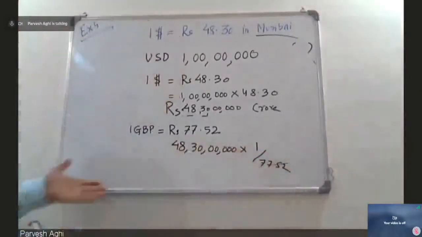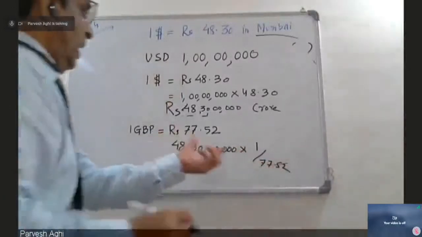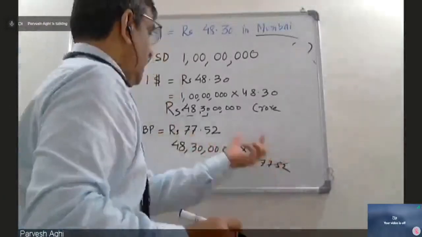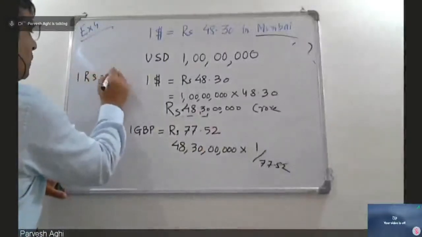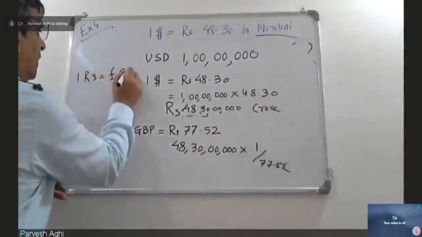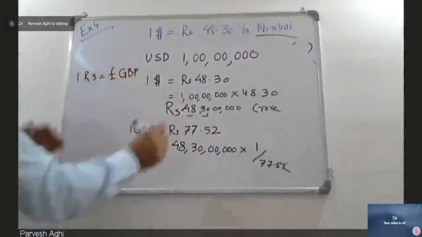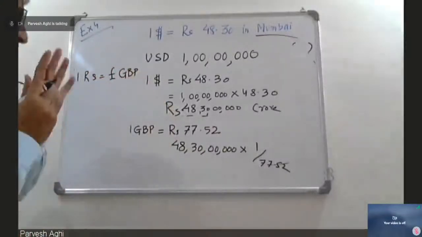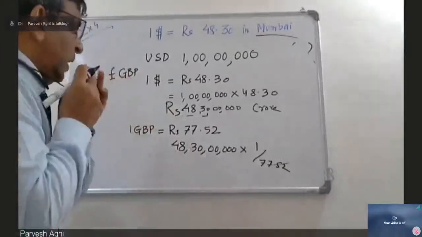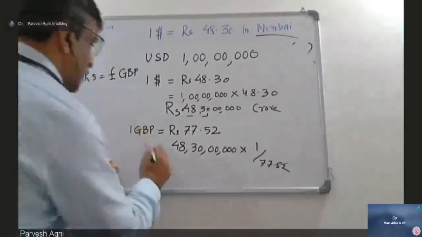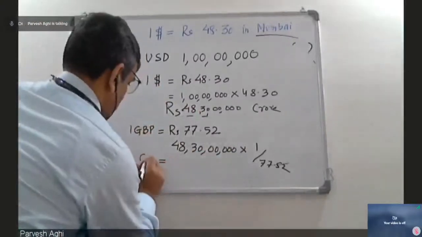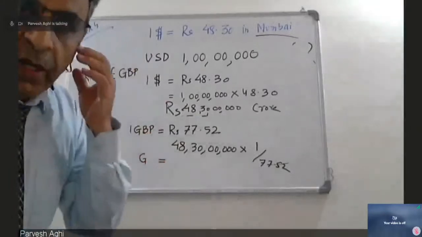Or I can straight away divide by 77.52. So we are reciprocating the quote and calculating 1 rupee is equal to how many pounds, or how many Great Britain pounds. So then I can just simply multiply. Okay. So that's what I have done. I have got rupees now, and I am multiplying with the inverse quote. Okay, fine. So my answer will be in pounds. Okay, fine. So it will be how many pounds?